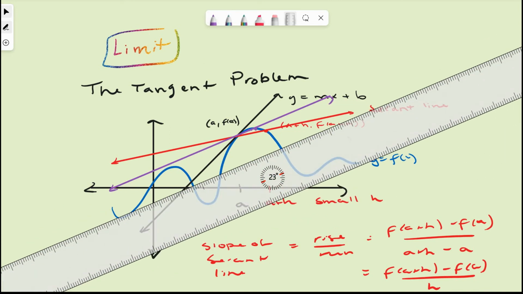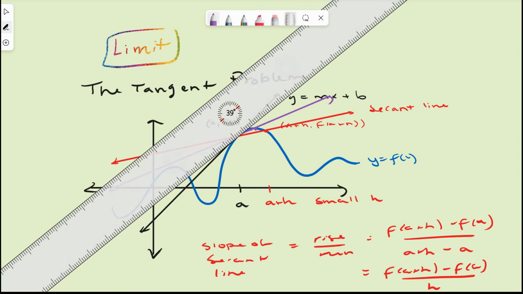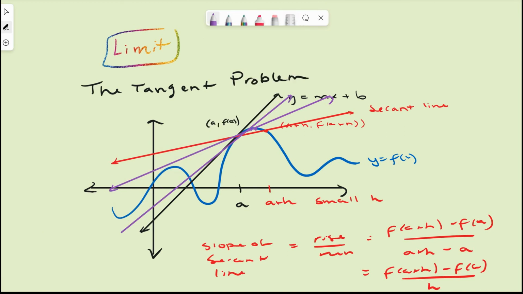It's a little bit hard to draw, but what we want to do is take h to 0. We want to use this approximation and just take h to 0, so we want to take a limit.